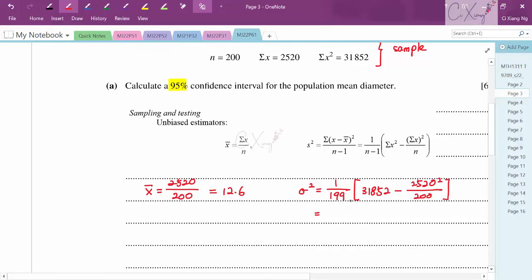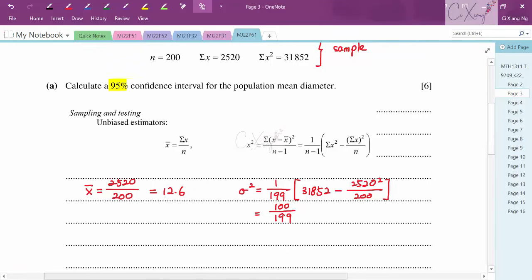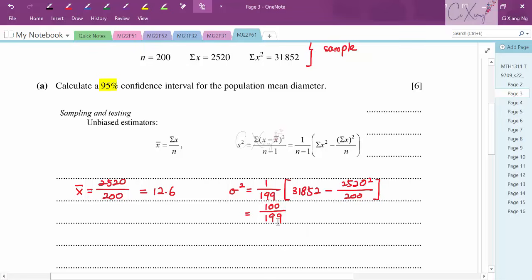If you simplify everything, you have 100 over 199. I will just keep it in fraction form because we are going to apply it later in the calculation of the confidence interval, so I'm not going to calculate the decimal number first.